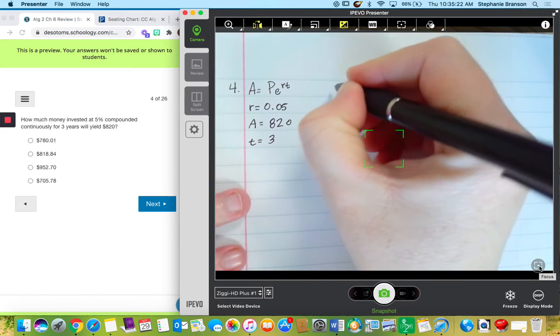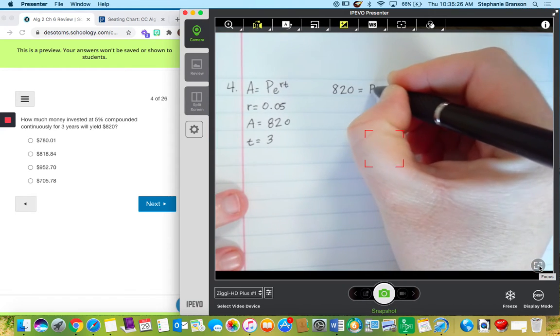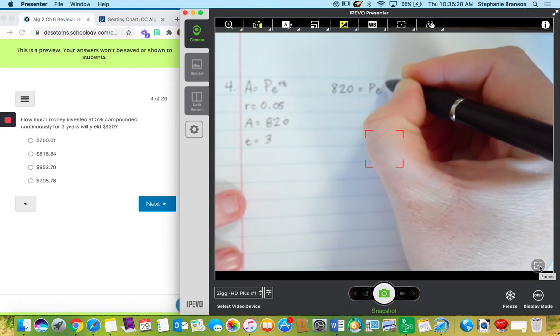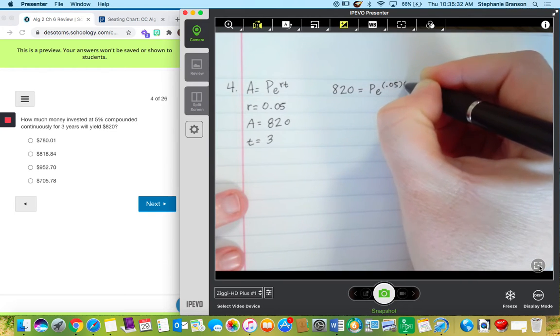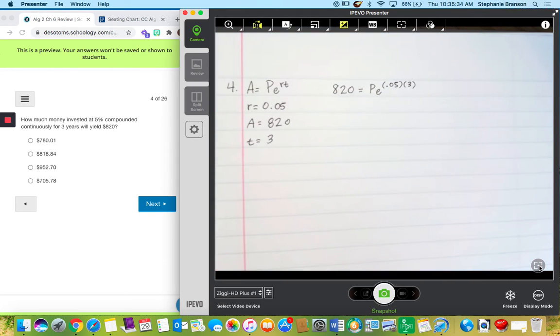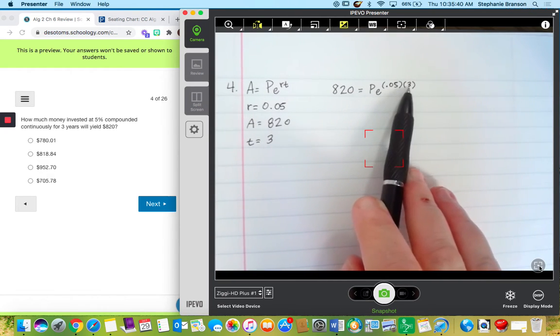So I just plug it in my formula there. 820 is equal to P. We don't know what P is. E raised to the 0.05 times 3 power. Well, P is being multiplied by E raised to this power, correct?